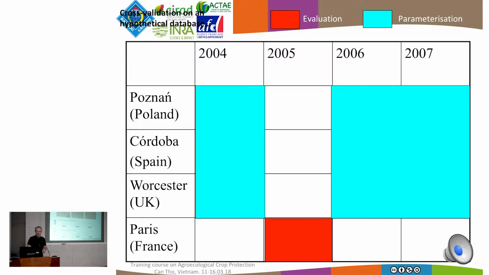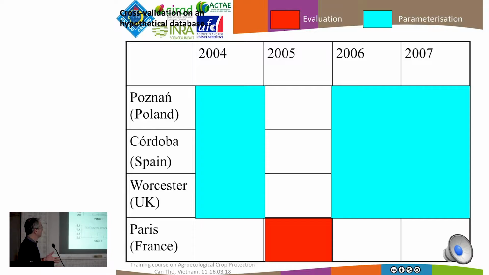Then we use our model to explore different strategies. First, we tried to explore how the spatial organization of the banana plants on the field alters the dynamic and the damages of the field. So here you have a regular planting pattern, where each plant is planted regularly on a square pattern.